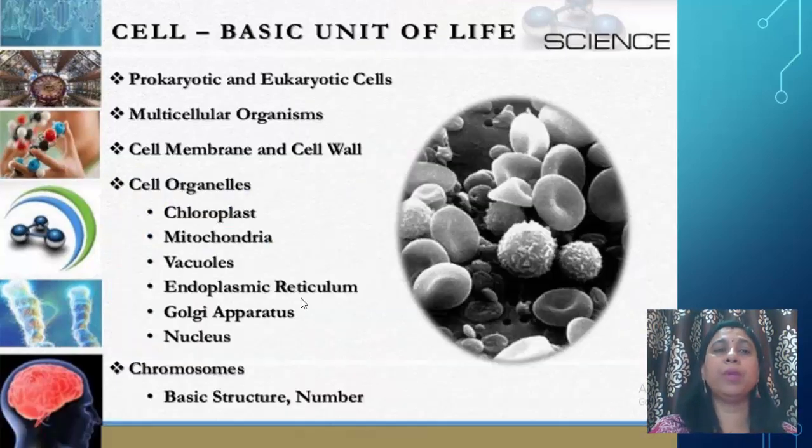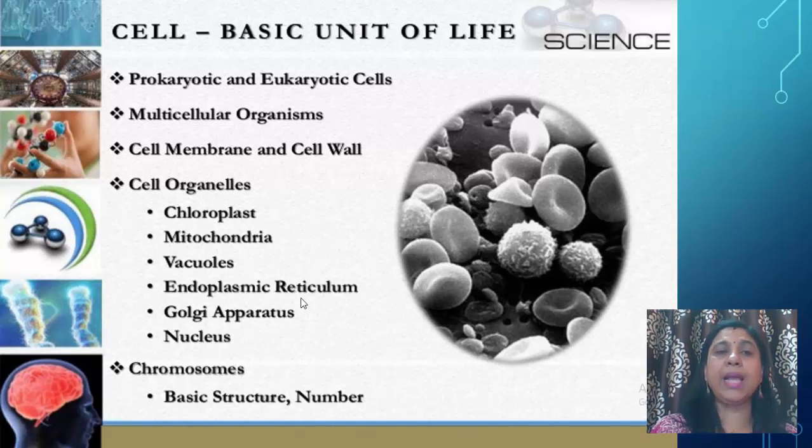Now in this chapter, you are going to study about prokaryotic and eukaryotic cells, multicellular organisms, cell membrane and cell wall, cell organelles such as chloroplast, mitochondria, vacuoles, endoplasmic reticulum, Golgi apparatus, nucleus, and about chromosomes, their basic structure and number.